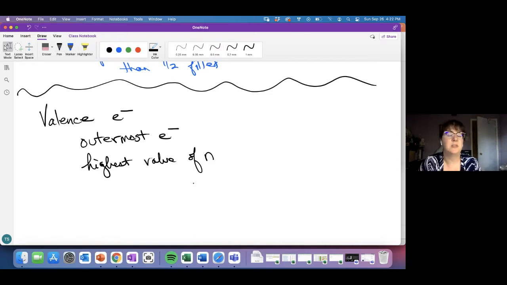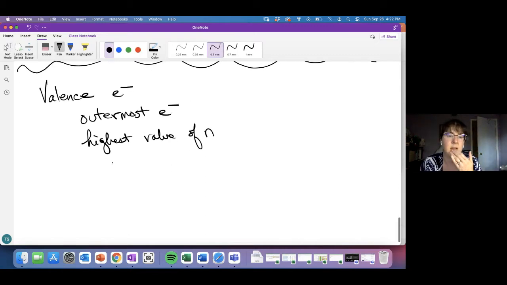The thing is that with that definition of valence electrons, people get a little bit confused about what's happening when we either add some or take some away, and how we really define valence electrons. Here's the thing.